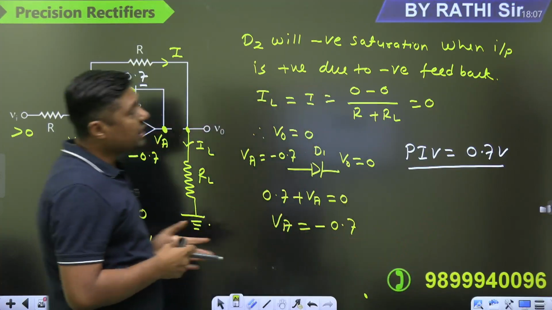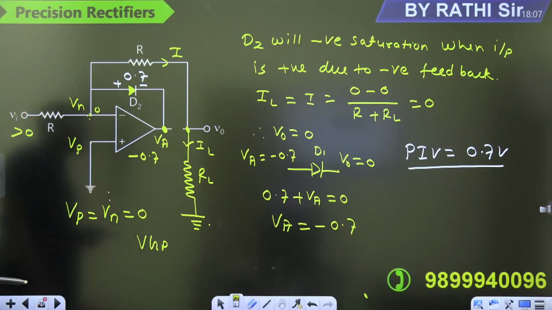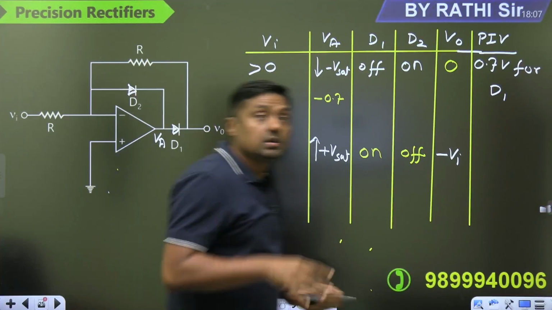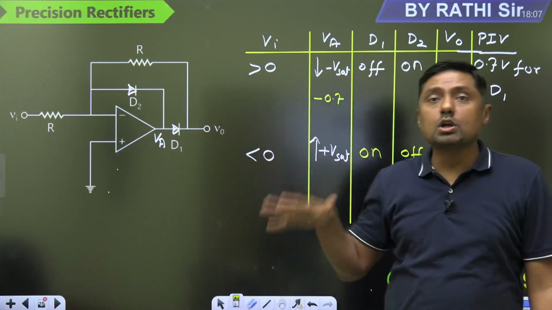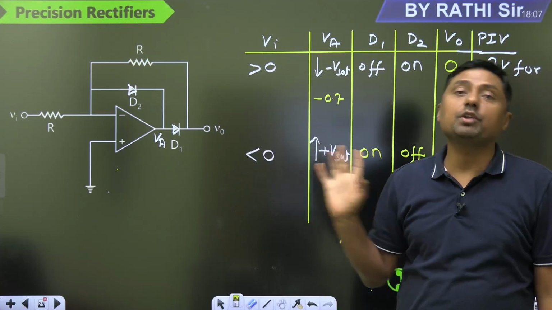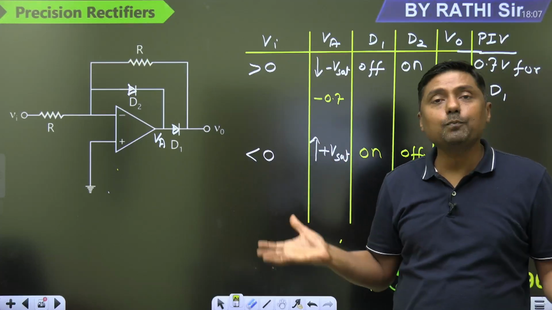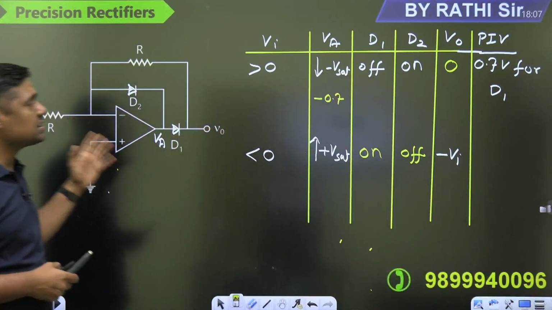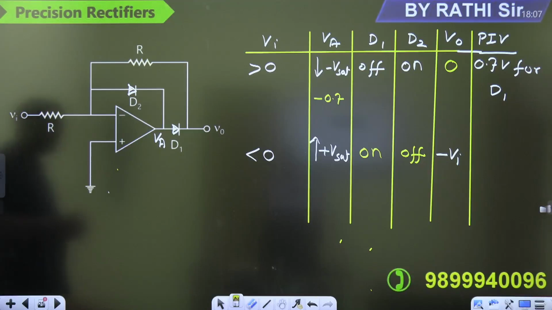So in this way, we can reduce the PIV by connecting the diode D2. What is the basic purpose of D2 here? Just to reduce the reverse voltage appearing across the diode D1. How? With the help of negative feedback. It will avoid the saturation of the operational amplifier. Now, during the negative half, when we are giving the negative voltage, because of the 180-degree phase shift, you will get a positive voltage here.